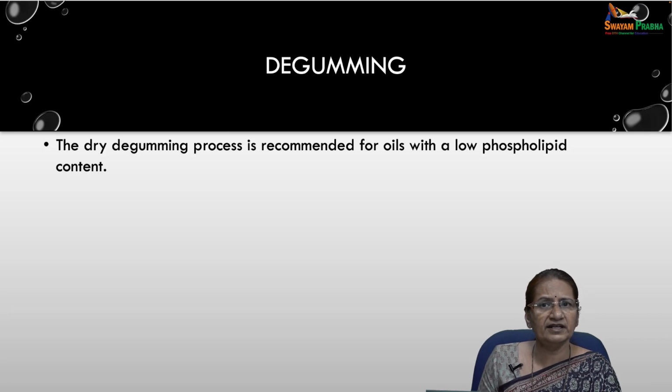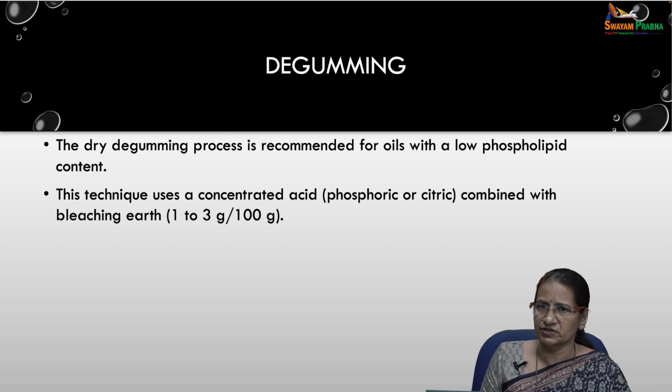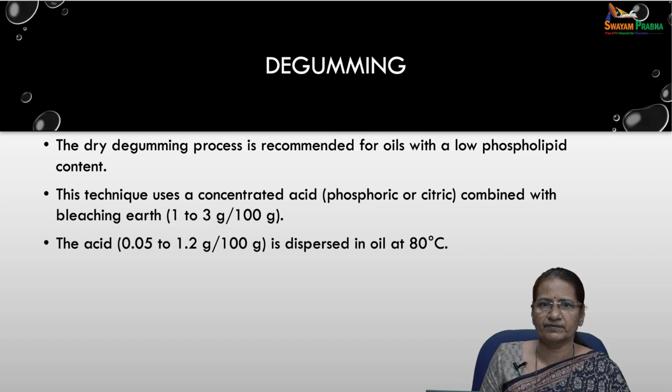The dry degumming process is recommended for oils with a low phospholipid content. This technique uses a concentrated acid, phosphoric or citric, combined with bleaching earth, 1 to 3 grams per 100 grams.